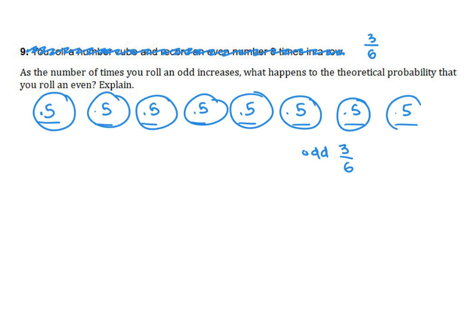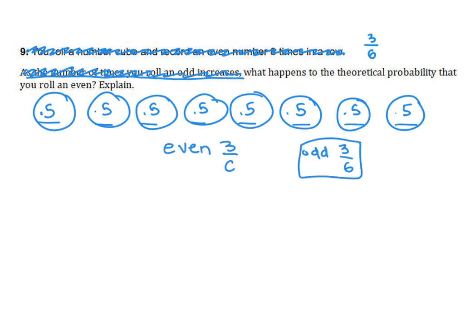It's always 0.5. It's always a 50% chance that you roll an odd, a 50% chance that you roll an even. So, as the number of times you roll an odd increases, that also doesn't matter. Because if we say an odd is a 3 out of 6, well, so is an even. It's also a 3 out of 6. So therefore, we could say, what happens to the theoretical probability that you roll an even? Explain. Nothing changes.